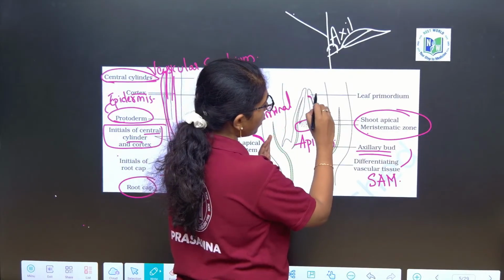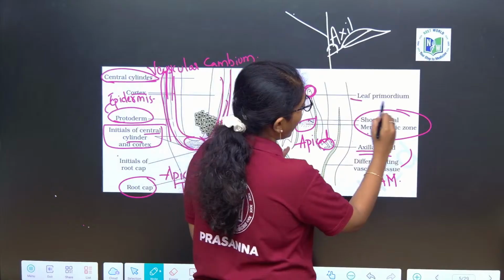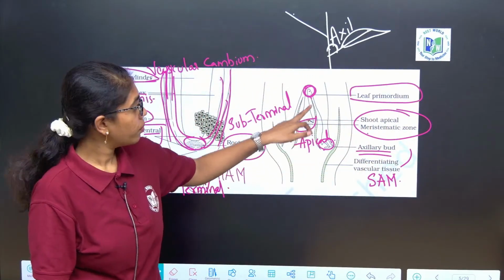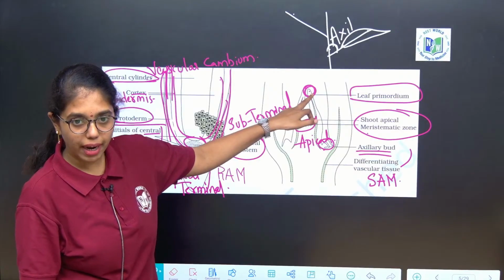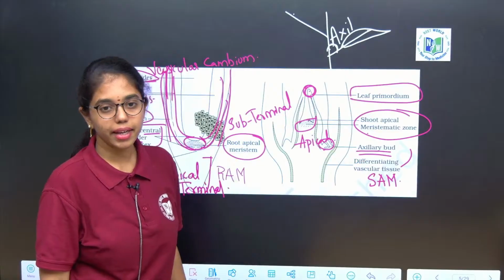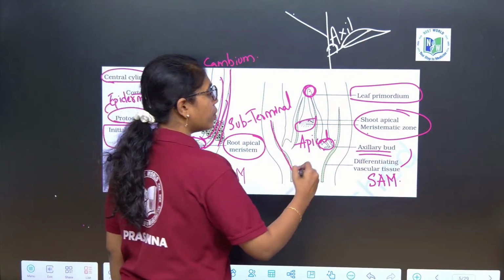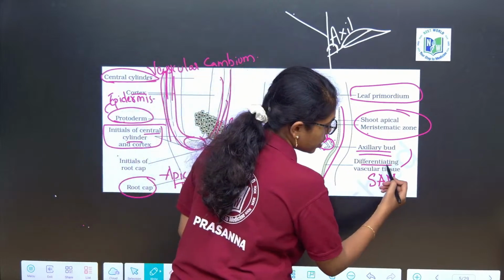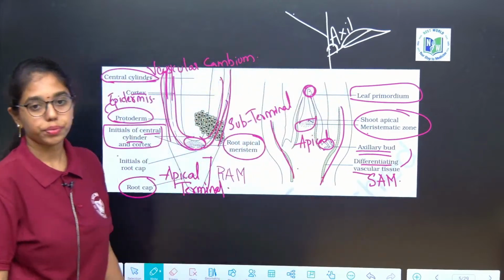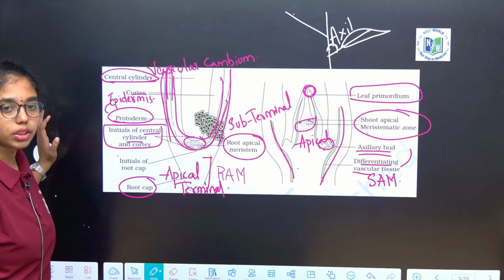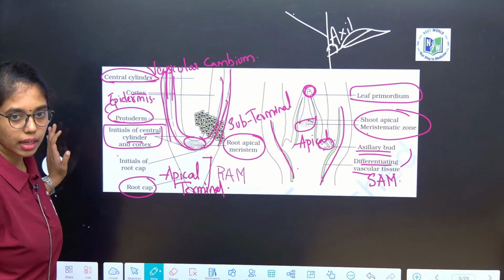And at the top region of the shoot apical meristem, you have leaf primordia. In the angle between them you have the axillary bud, and at the center you have again the central cylinder, or you can also call it differentiating vascular tissue. Clear? Understood clearly the diagrams of root apical meristem and shoot apical meristem? Clear, Nandu? Yes.